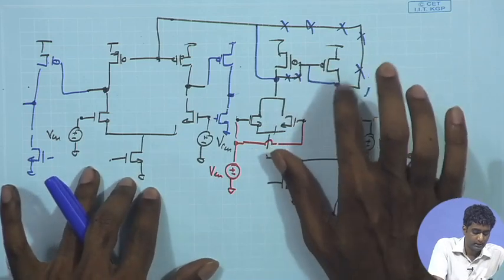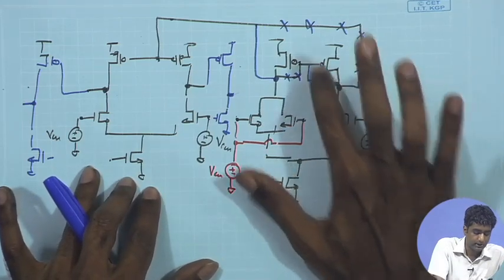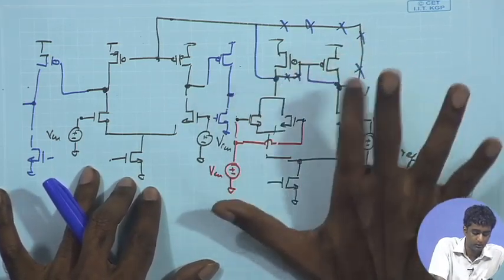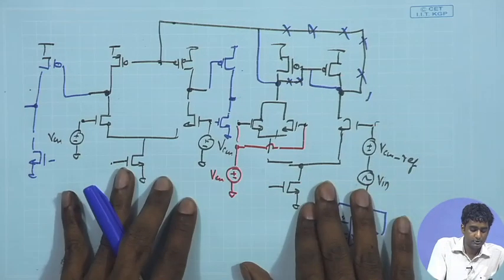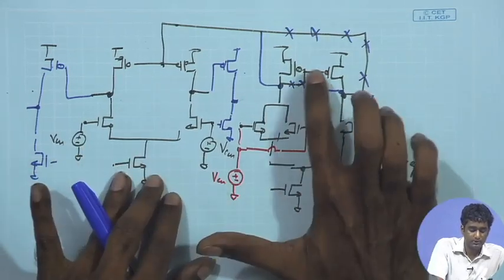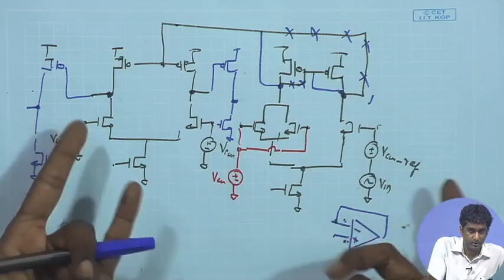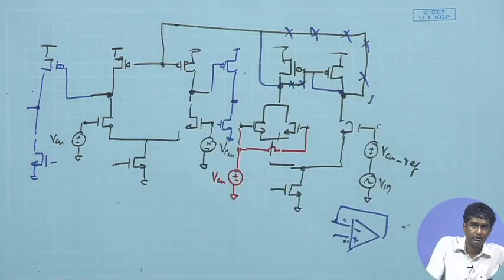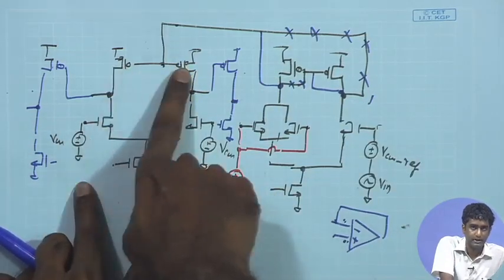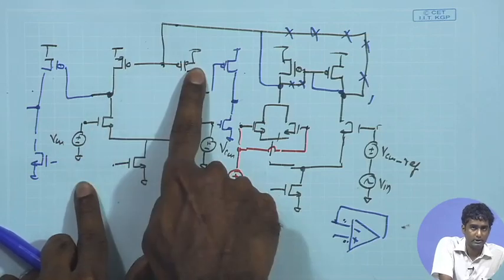If I look at the original case where I am having the current mirror load, you should be able to distinguish between these three terminologies. Current mirror load means only one side is diode connected, diode connected load means both sides are diode connected, and current source load is where none of the sides are diode connected.